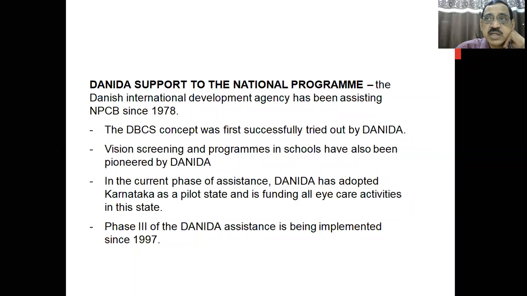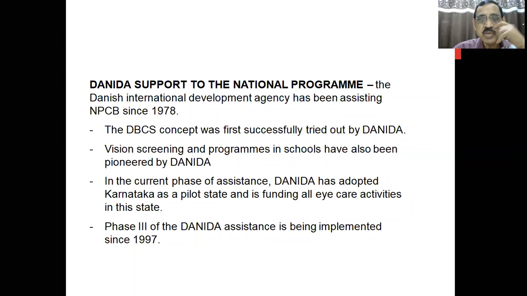So the DBCS, District Blindness Control Society, is a concept of the Danish International Development Agency, and it was first successfully tried by the Danish International Development Agency.